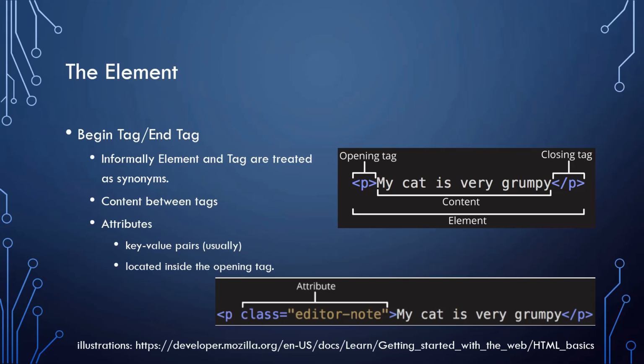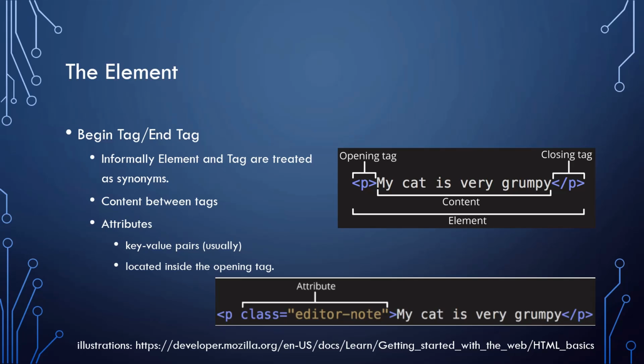Notice the angle brackets, and then the specific paragraph tag, and then the closing tag, a slash and then the tag repeated again. In most cases, elements have opening tags, closing tags, and content in the middle. There are also self-closing tags that don't have content, and we'll look at those in the future. Right now, understand this: the entire element is the opening tag, closing tag, and content.